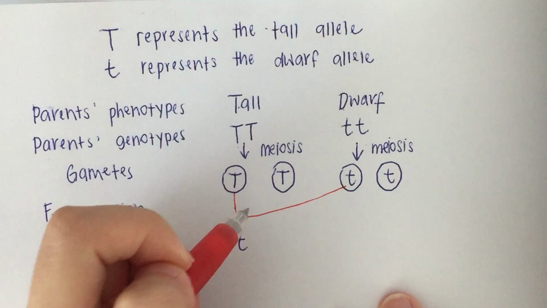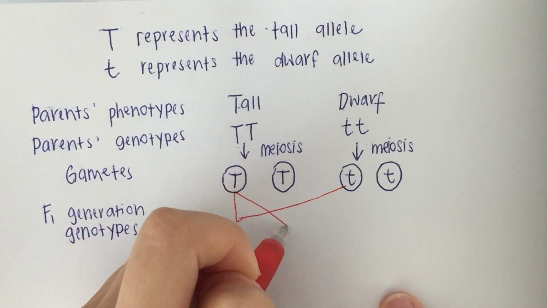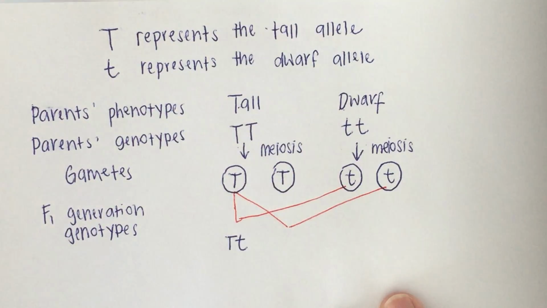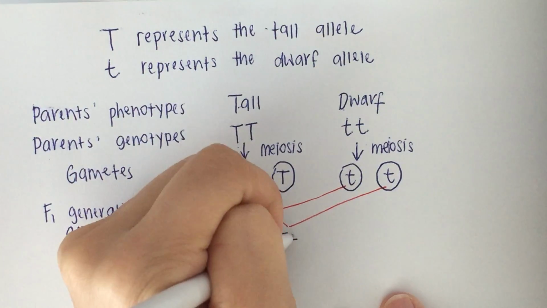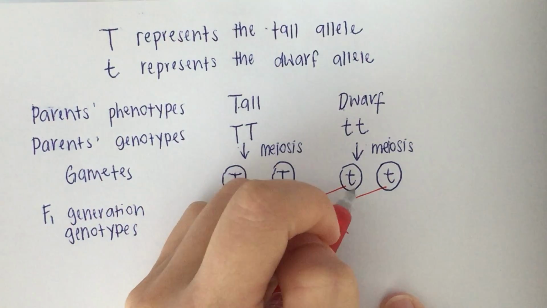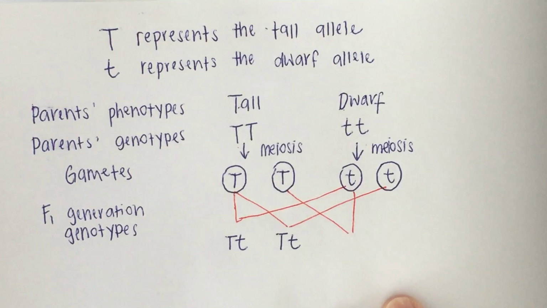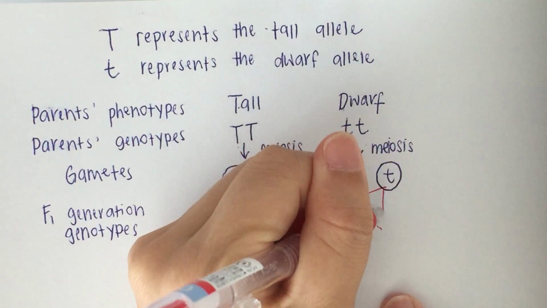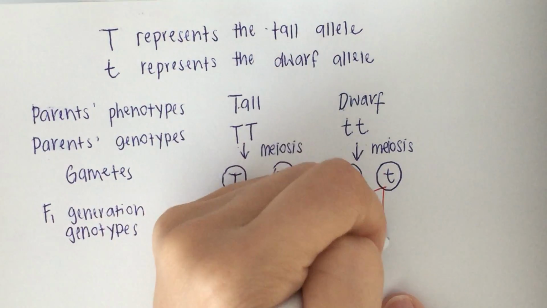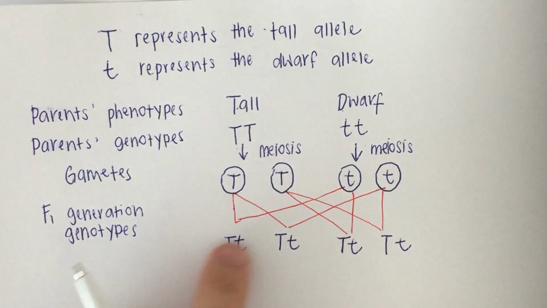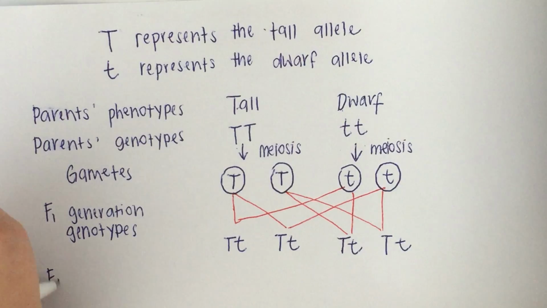This gamete can also fuse with this gamete, and this gamete will fuse with this gamete. And last but not least, this gamete will fuse with this gamete. Now you realize that all the genotypes are the same.